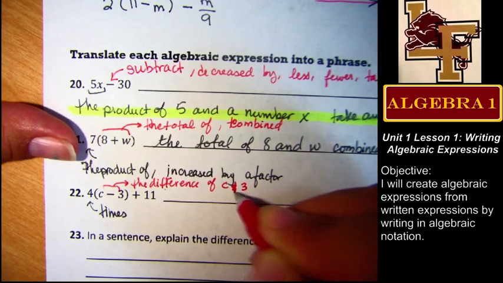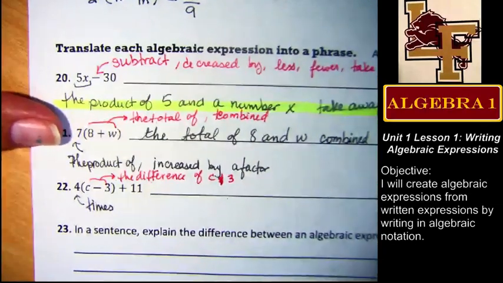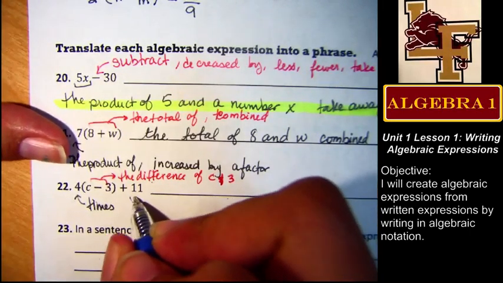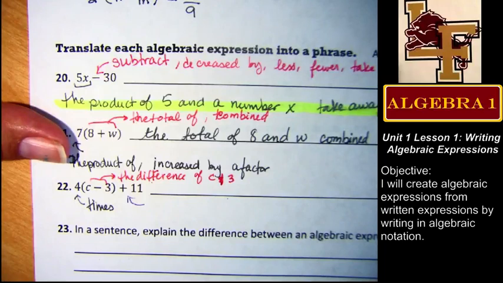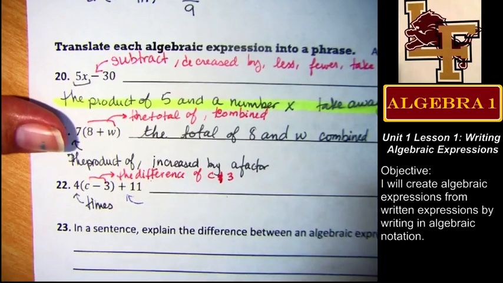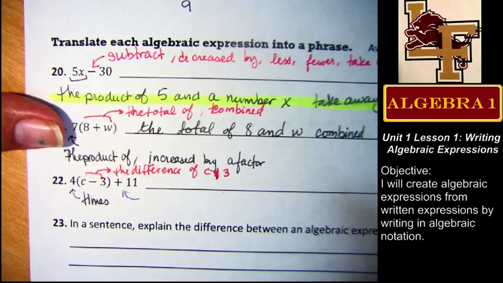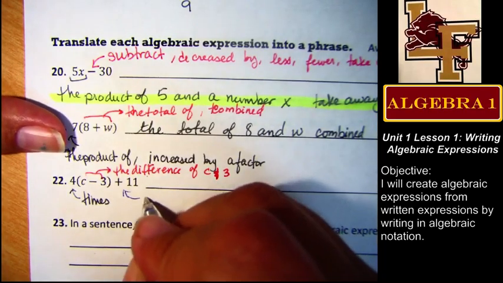This is my little symbol for and. It got all smushed and crazy. And then how do we do plus 11? Increased by 11.